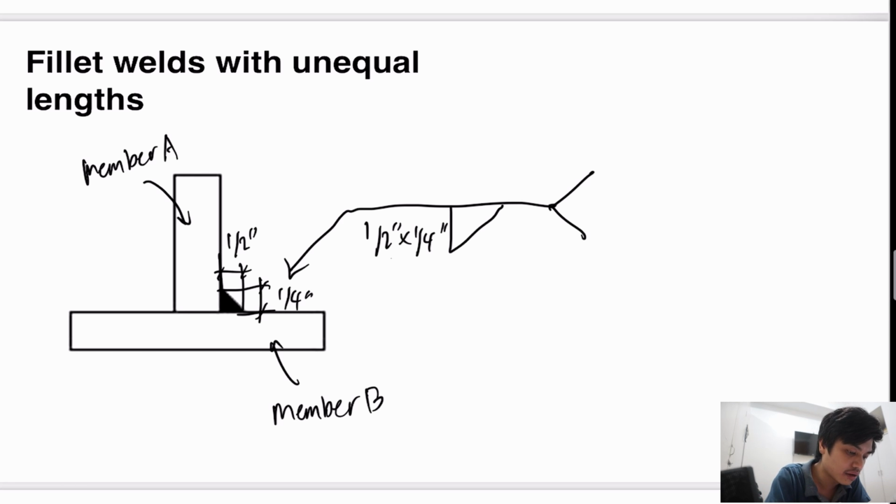As you can see here, the fillet weld size with the leg of 1/2 inch belongs to member B. This 1/2 inch leg belongs to member B. So you can write on the tail that 1/2 inch leg on member B.